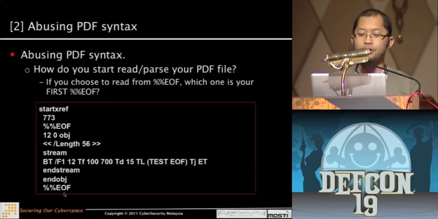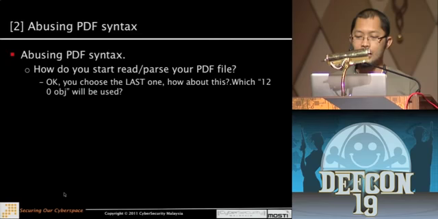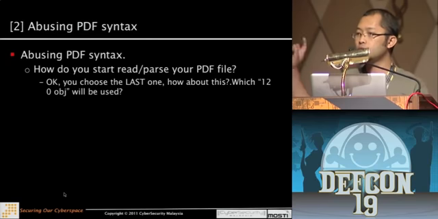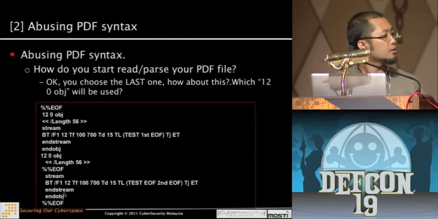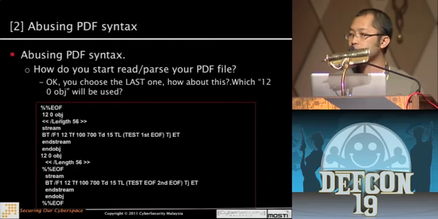And then, for example, if you choose the last one, and then how about this? If you choose the last xref, and take a look at object 12, in this xref you have multiple object declarations for object 12. For example, you have 1, you have 2 here.